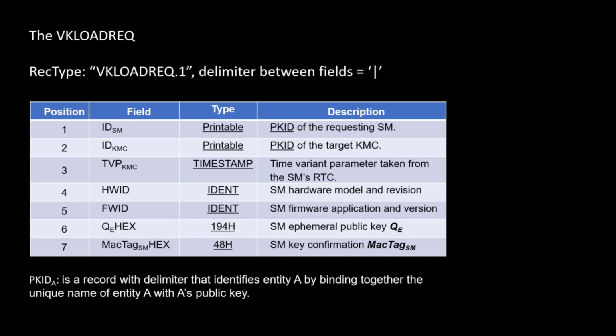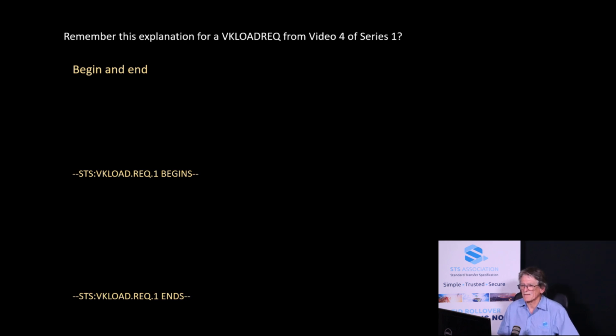And lastly, position 7, you have a message authentication tag. PKID is a record which is maintained by the manufacturer, and it actually links the manufacturer's secure module to the public key. Do you remember this explanation we did for a VK load request from video 4 of series 1?